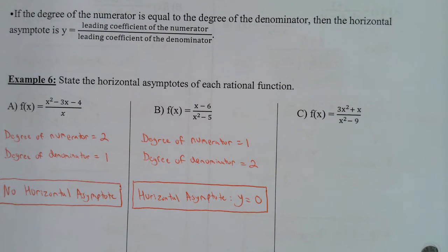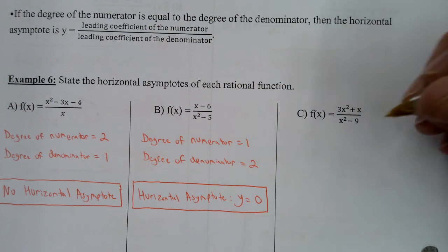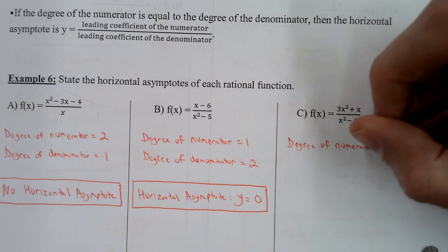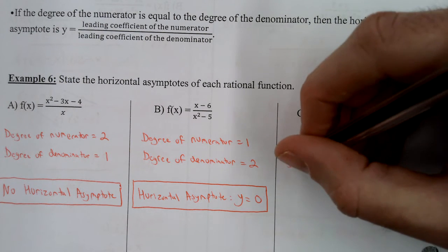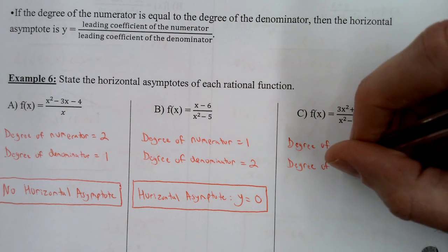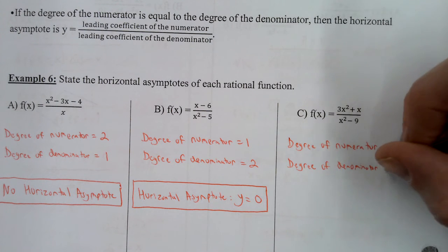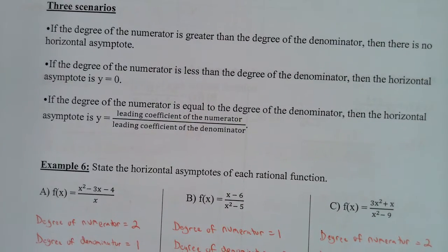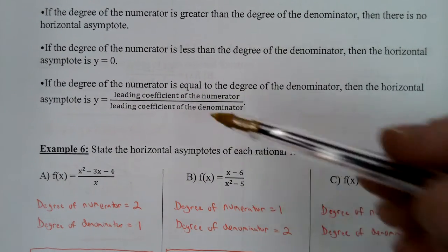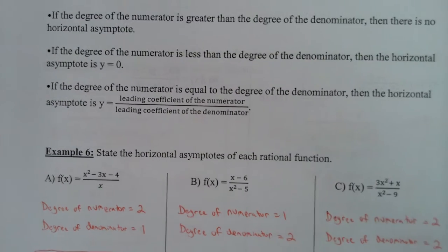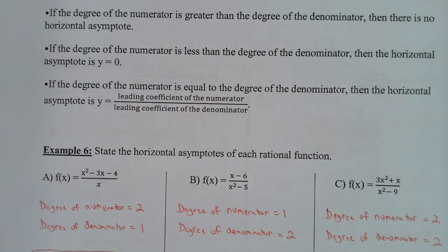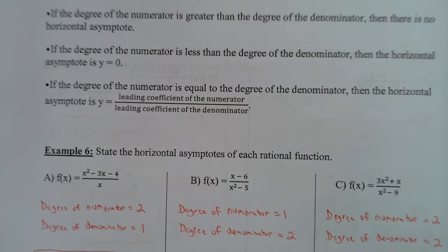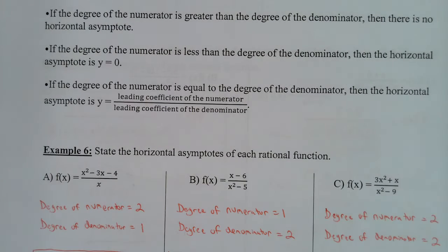Part C, the degree of the numerator equals 2, the degree of the denominator equals 2. Again, you really want to make sure it's in standard form. Okay. So, which scenario is that? It's the third one. If the degree of the numerator is equal to the degree of the denominator, then the horizontal asymptote is y equals the leading coefficient of the numerator divided by the leading coefficient of the denominator.